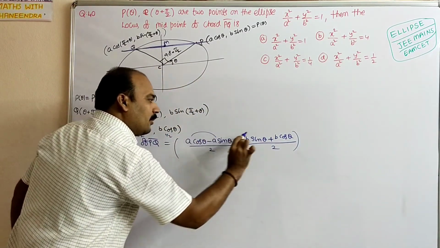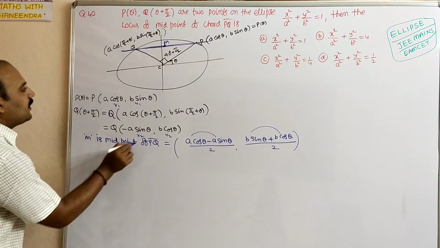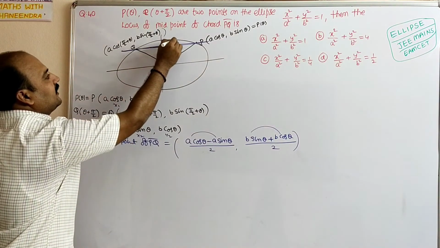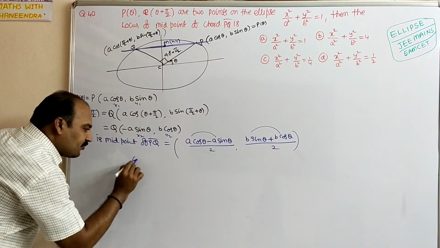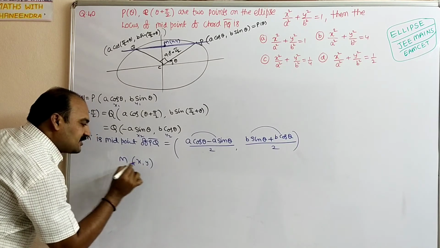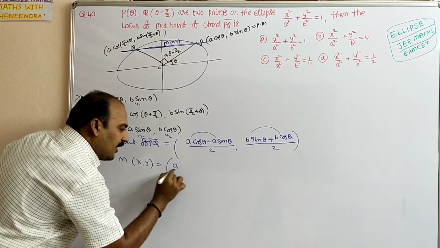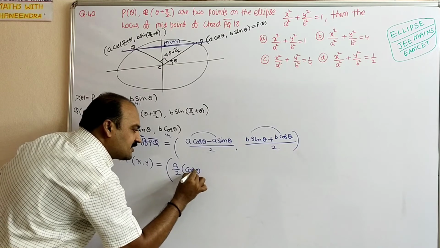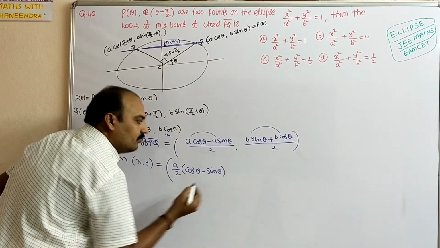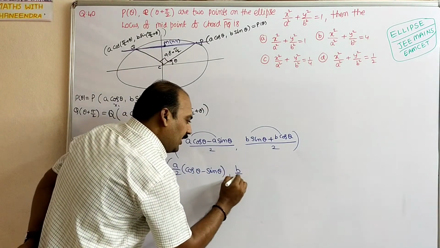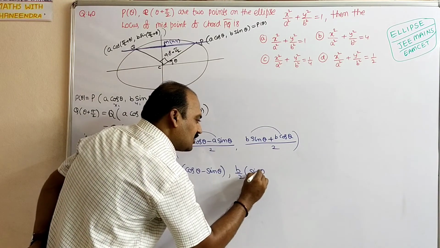From these two take a common, from these two take b common. This midpoint we are assuming as x comma y, simply the locus point. So M of x comma y equals a by 2 into cos theta minus sin theta, comma, b by 2 into sin theta plus cos theta.